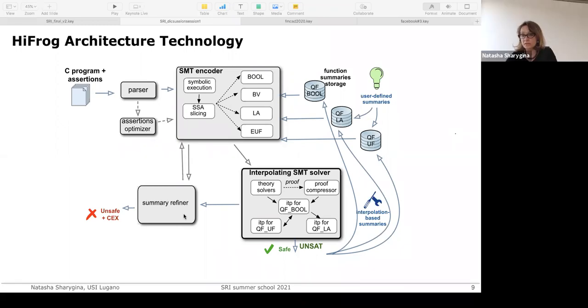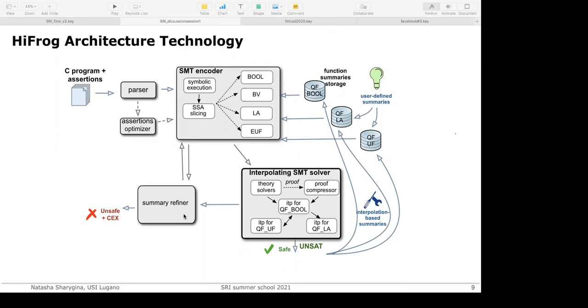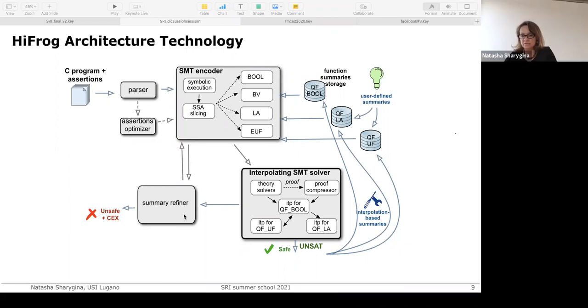So no, we don't keep it. We just discharge it, because we don't know if it's safe to be reused later. We only keep summaries if we know that the system is safe. Only a safe system gives us sound approximations.